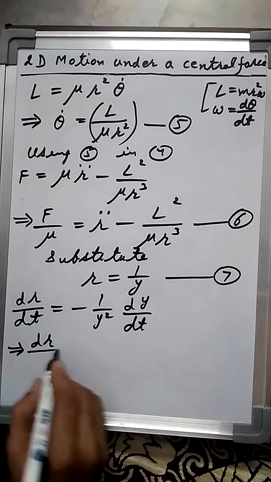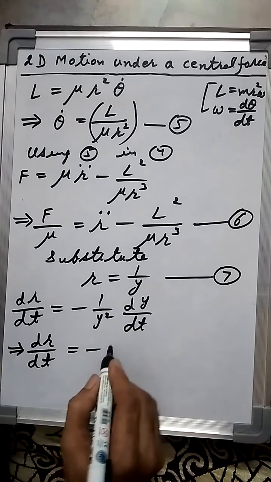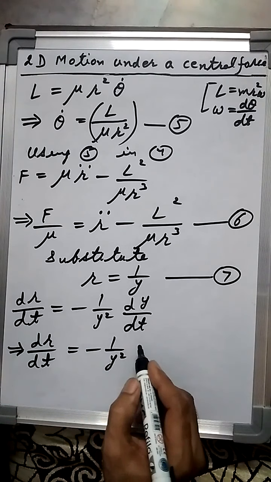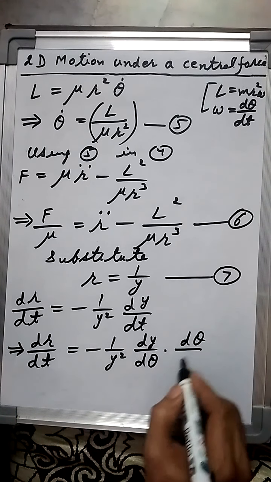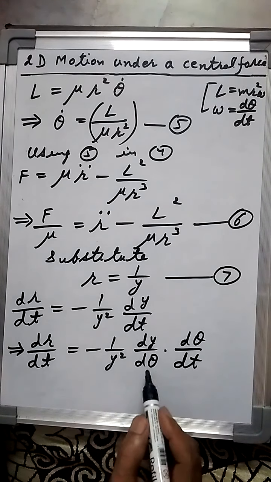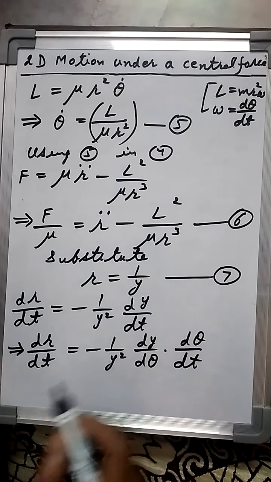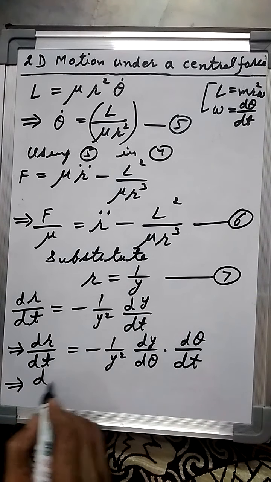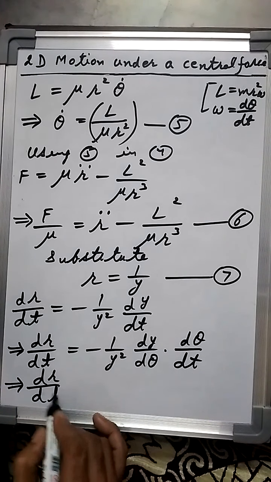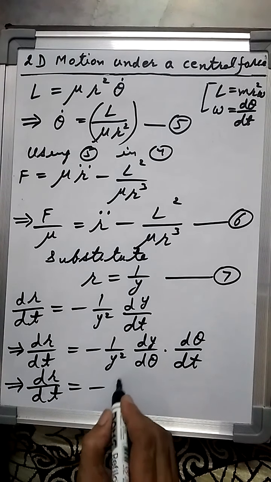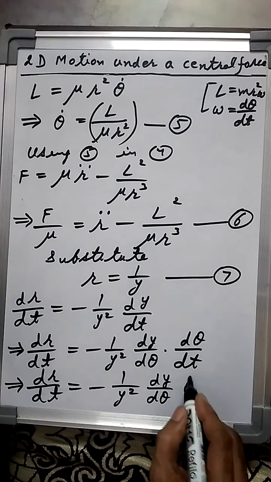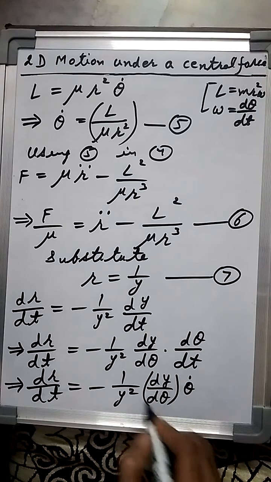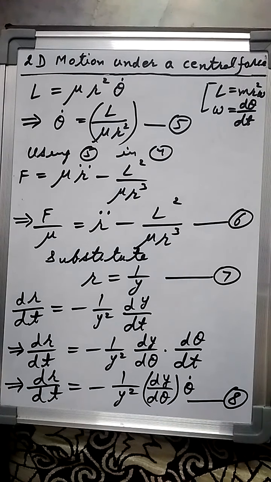It can be further written as minus 1 upon y square dy by d theta multiplied by d theta by dt. I have just multiplied and divided by d theta in the previous equation. So this gives us the first derivative of r with respect to time as minus 1 upon y square dy by d theta into theta dot. Let's call it equation number 8.